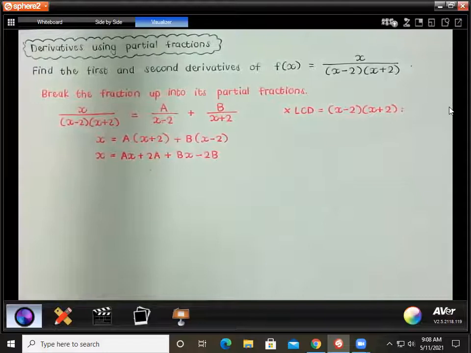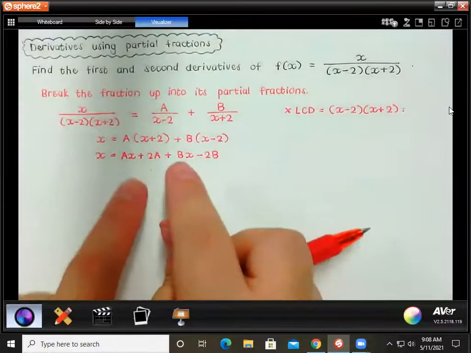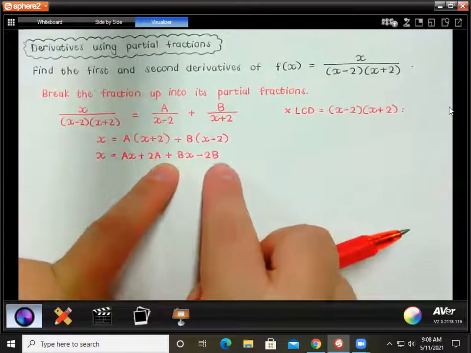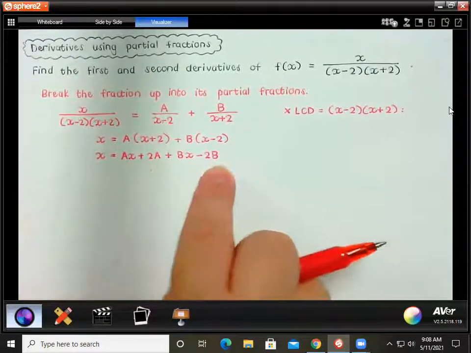Can anyone remember what we do next? We group them, hey? Yeah, good. So we're going to group the x terms, and then we're going to group these, which will represent our constant terms. Okay, they have no x's.